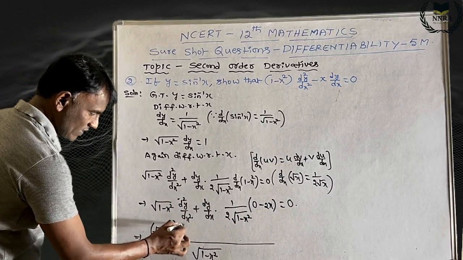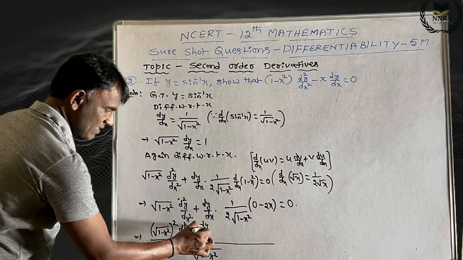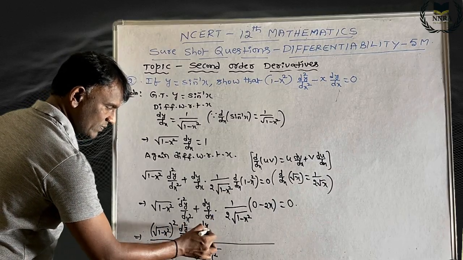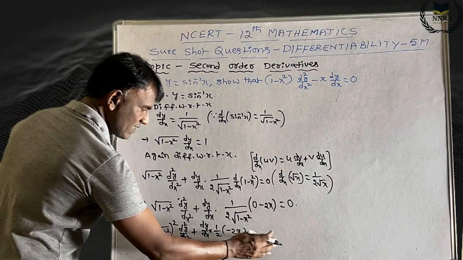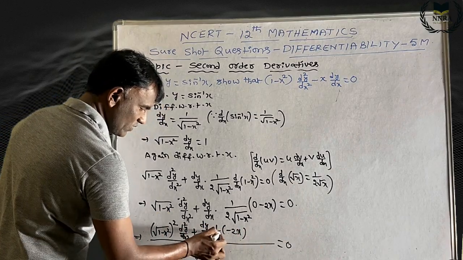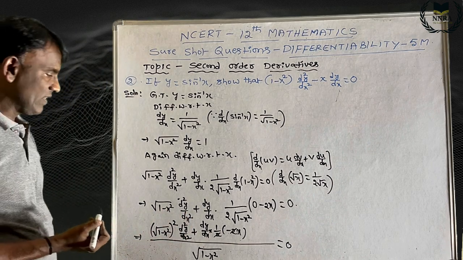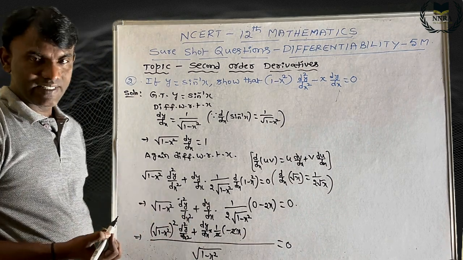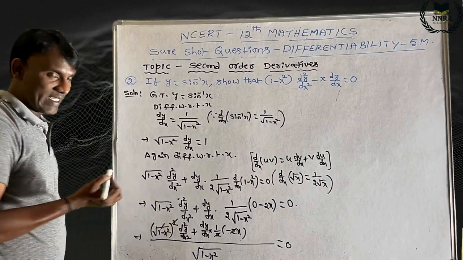Then d square y by dx square plus dy by dx into 1 by 2, that is minus 2x, then equal to 0. So this 2 gets cancelled. And in the next step, write this denominator value that side. And here this square root cancelled.